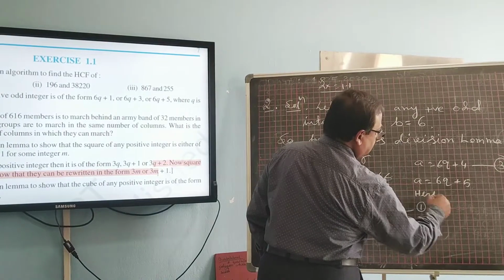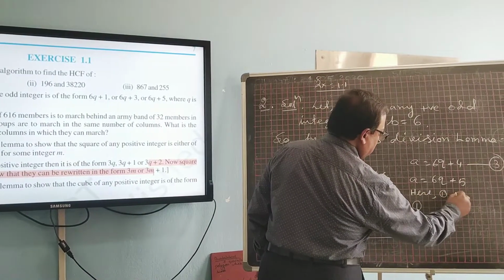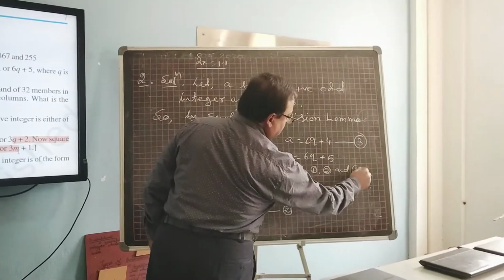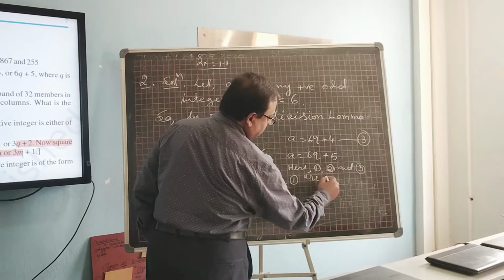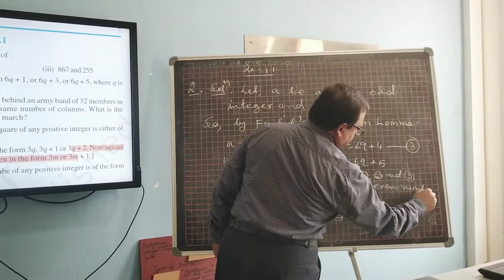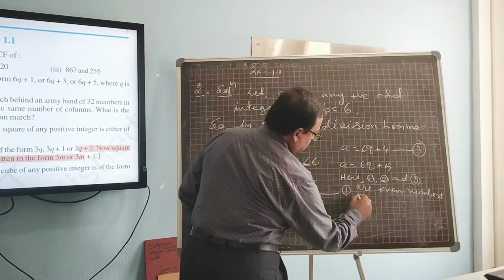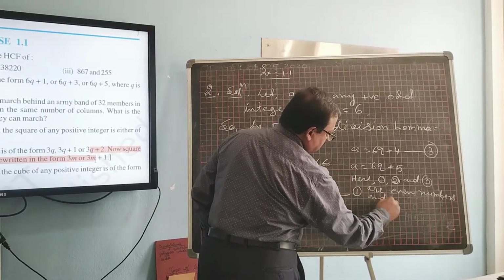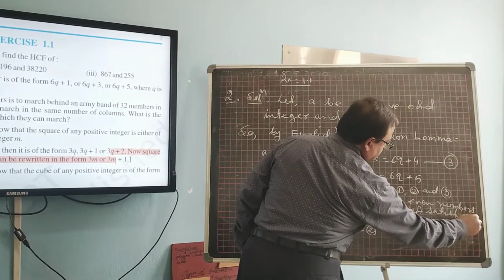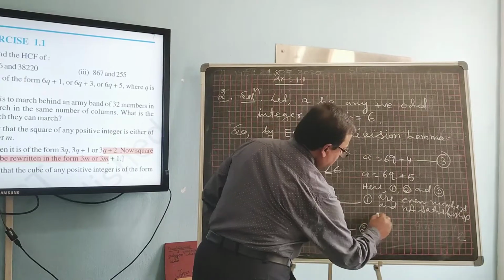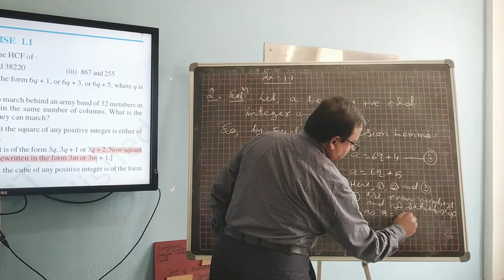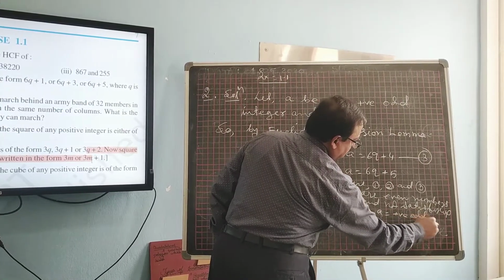Here 1, 2 and 3 are even numbers and not satisfying, as a is a positive odd number.